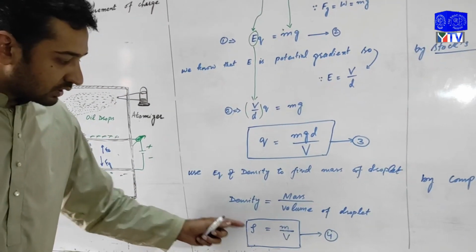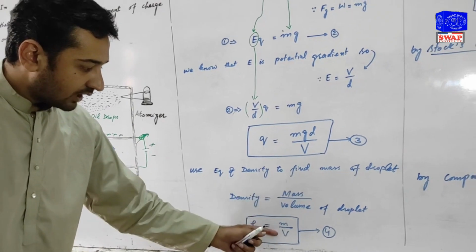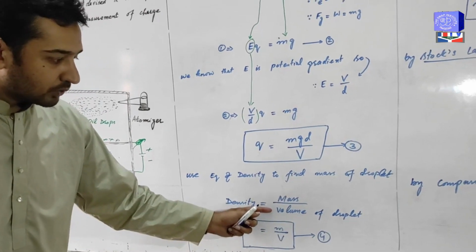Here rho is the symbol of density, m is the symbol of mass, and V is the symbol of volume of the droplet.